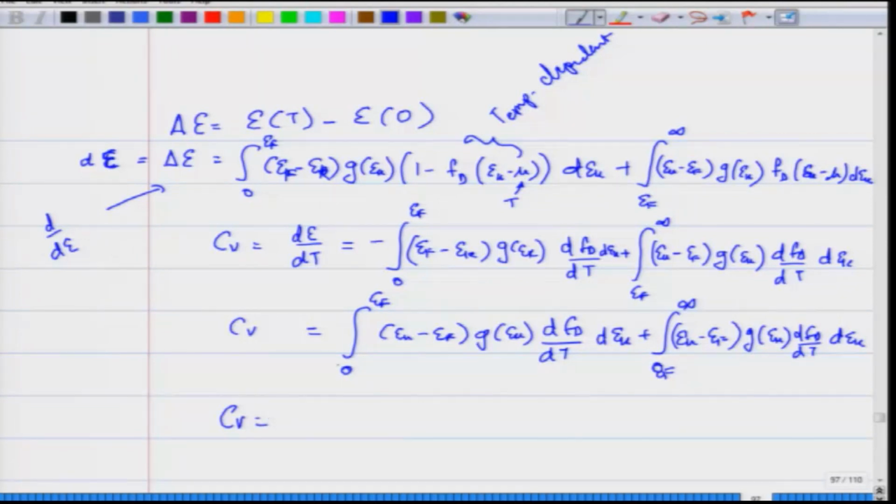Or the specific heat, now you can take the limits of integration from 0 to infinity, these two terms are exactly identical: the integral of (Ek minus EF) G(Ek) dF_D/dT dEk.